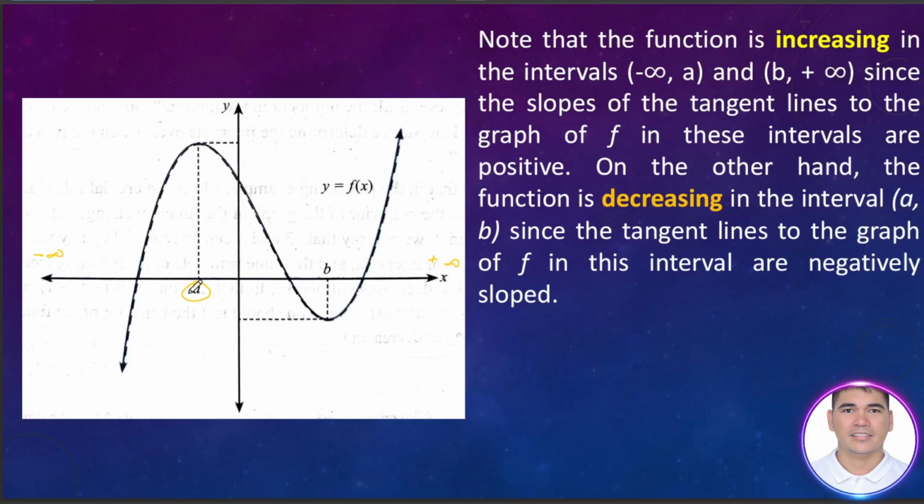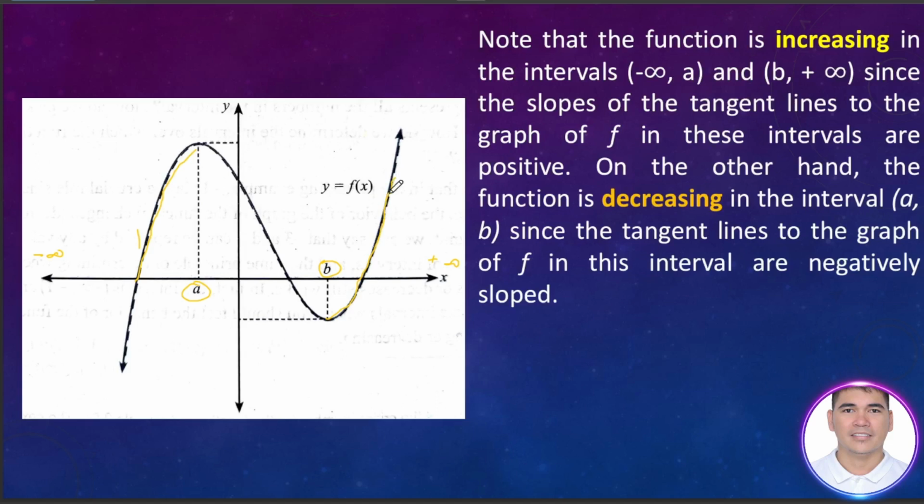We also have b, the open interval from b to positive infinity. As you observe in the graph, from negative infinity to a, the function is increasing. And from b toward positive infinity, it is also increasing.